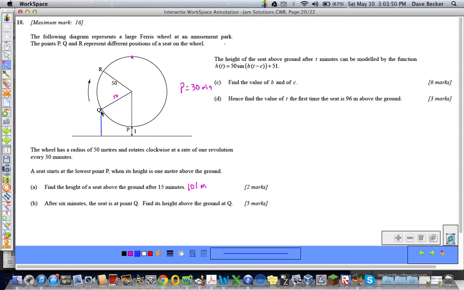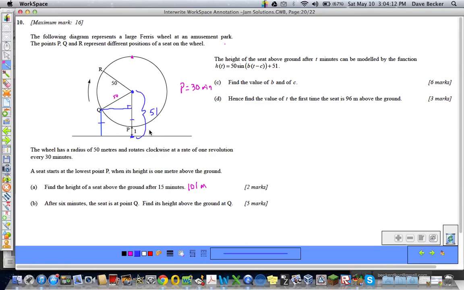But if I were to draw a line here, I have a right triangle, and this side is equal to this side. Well, so what? Well, I know from here to here is 51.